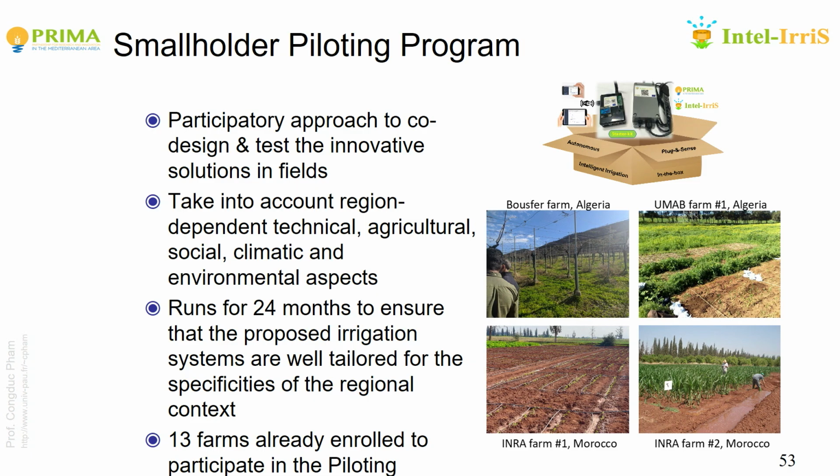So we do have a smallholder piloting program in the Intellaris project where we're going to deploy and get feedback from these smallholder piloting farms to be able to improve our solutions.